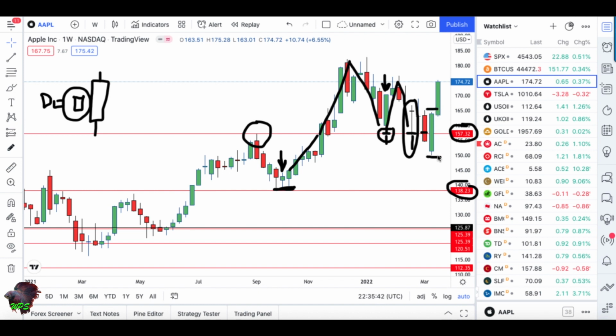The stop goes below this candle or below this support level. It used to be a resistance when the market was climbing. Now it's a support. And look at this, from about 162 to 174, the next session we have all this profit there.